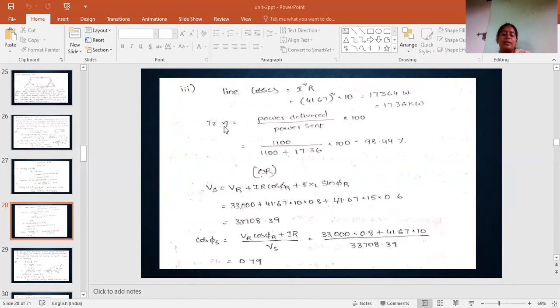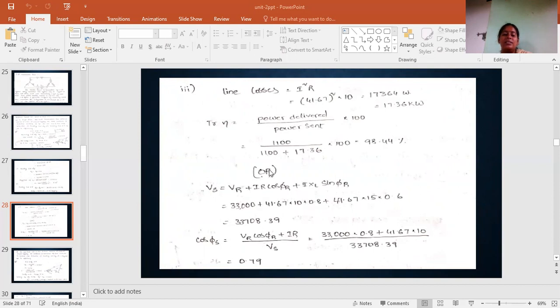The transmission line efficiency formula is power delivered by power sent, that is PR by PS into 100. Power delivered is 1100, and power sent is PR plus losses. So PR 1100 by (1100 plus losses) into 100 gives 98.44, that's the efficiency. All the three terms can be found here.